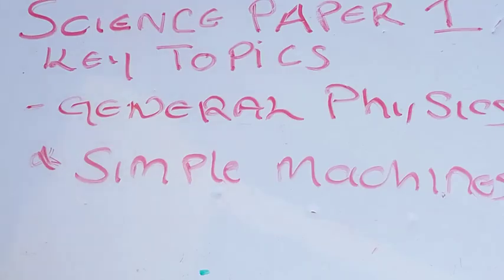Please revise these subtopics. I tell you, these things will come. They are rarely missing in a question paper. So please go through and revise under general physics. I'm Teacher K, mind you.